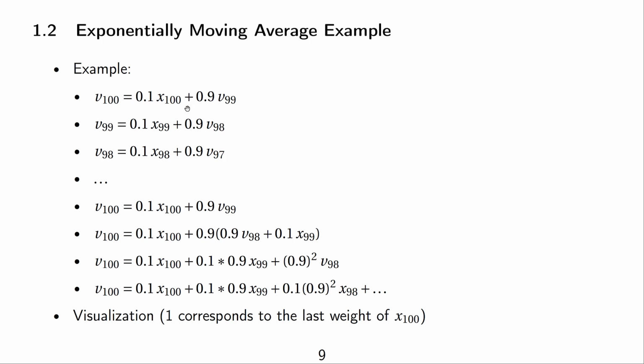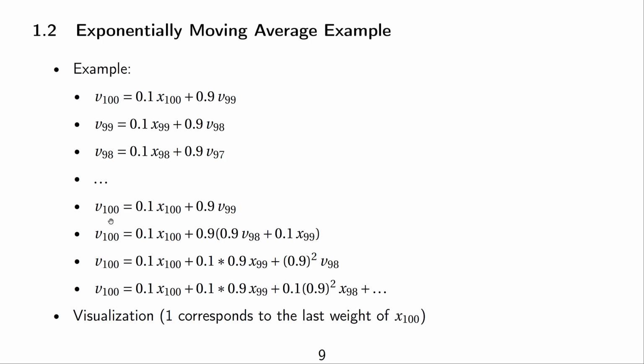We write 0.1 times the new temperature value plus 0.9 times the exponentially moving average at the previous time step. And then at V99, the same thing is 0.1 times the new temperature value at time 99 plus 0.9 times the old exponentially moving average.